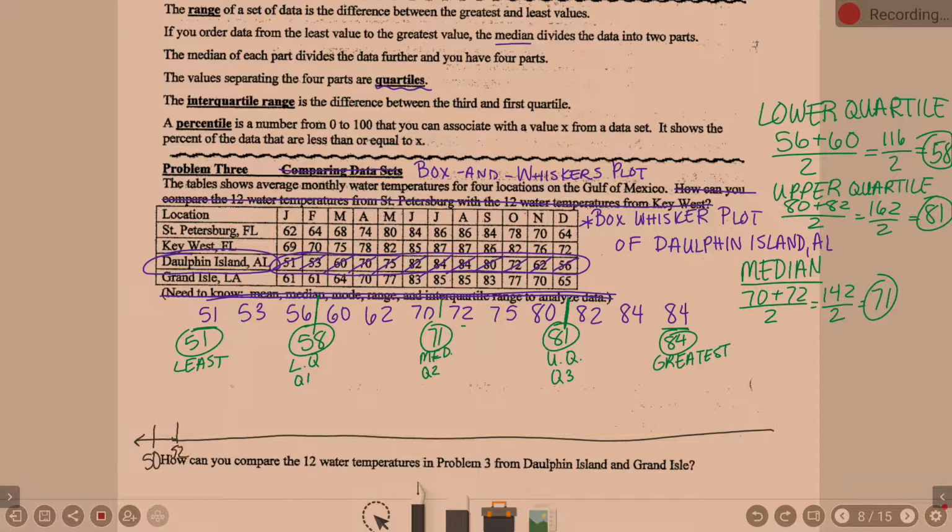Hopefully I don't regret this. 50, 52, 54, 56, 58, 60, 62, 64, 66, 68, 70, 72, 74, 76, 78, 80, 82, 84. I made it. Oof.